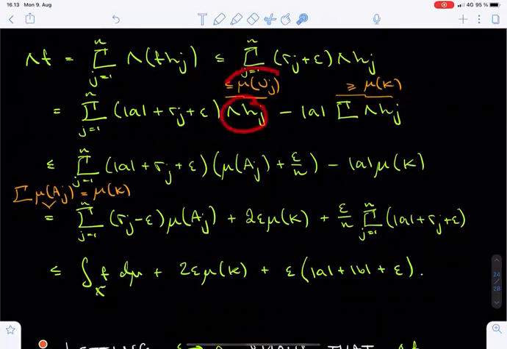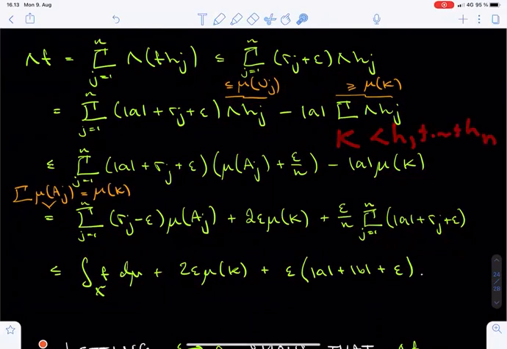First, lambda of hj is bounded from above by mu of uj, simply because hj was dominated by uj. Second, the sum of the values lambda of hj is bounded from below by mu of k. We recorded this inequality already earlier, and it followed from the fact that the sum of the functions hj dominates the set k.